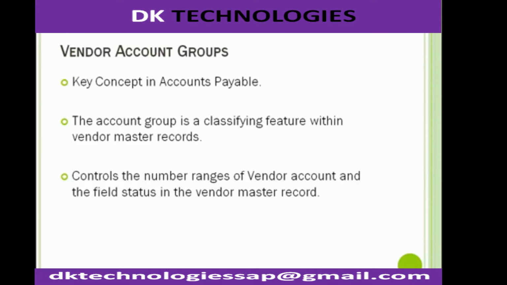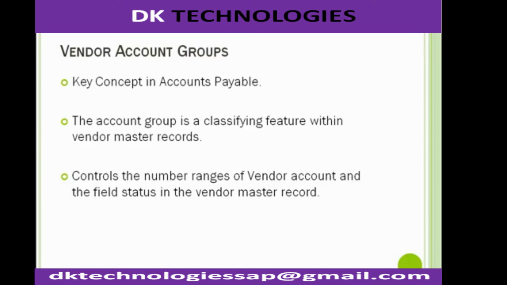For example, you could have a group of regular vendors, or a group of domestic vendors and a group of one-time vendors. By separating these different types of vendors into different vendor groups, you can make different fields required, optional, or suppressed for each of the groups.